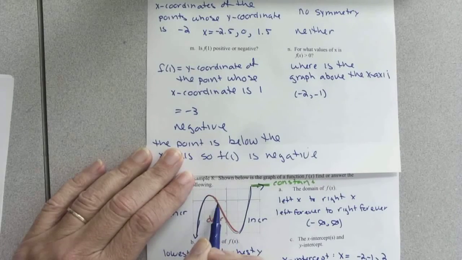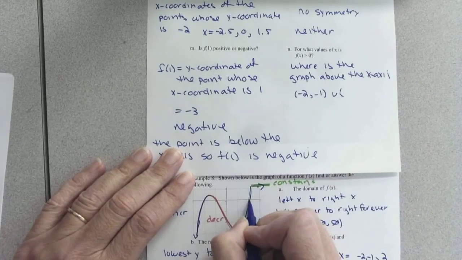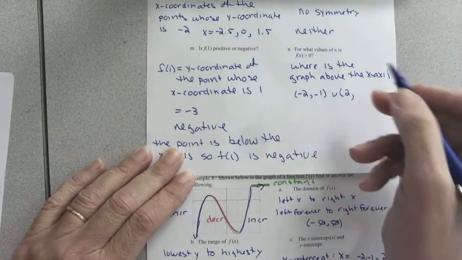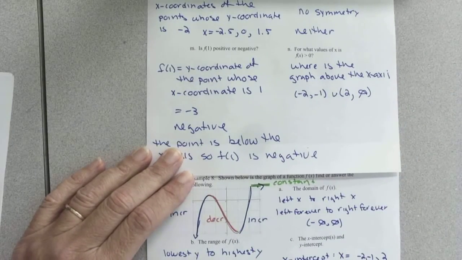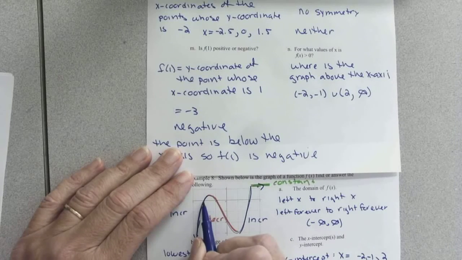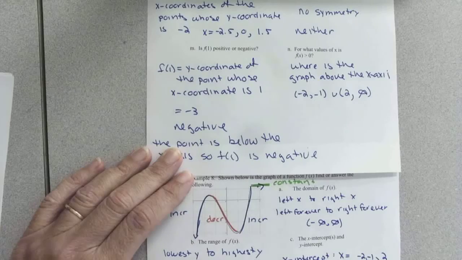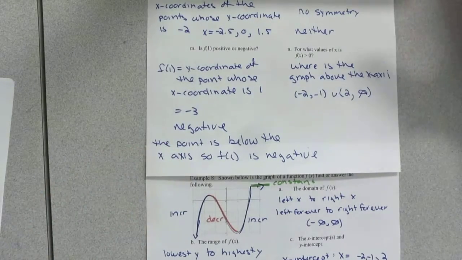And then again, from right about here and then forever to the right, infinity. So greater than 0 is above the x-axis, so from -2 to 1, and then again from 2, and forever to the right, infinity. And that's where we will end this video.